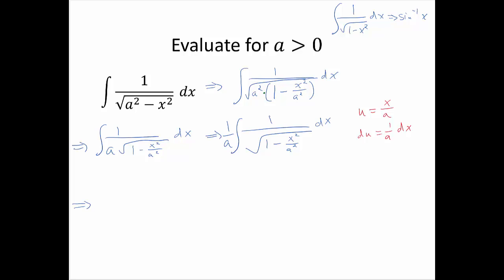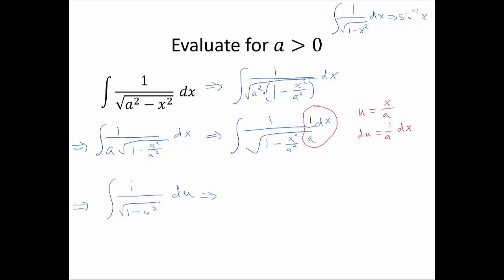Let me bring that 1 over a back inside the integral. If I move the 1 over a that I had brought outside back inside, then notice I have my 1 over a dx. There's my du. And so I have simply the integral of 1 over the square root of 1 minus u squared du.